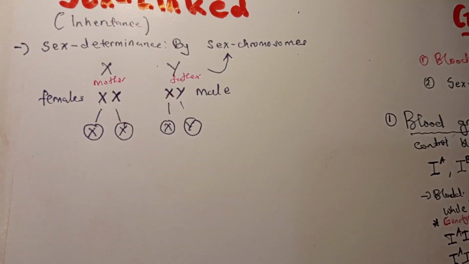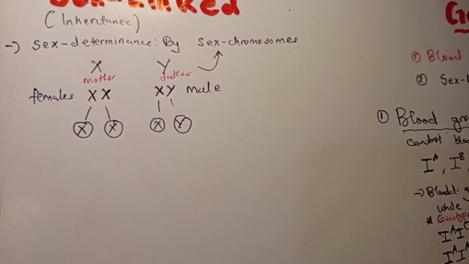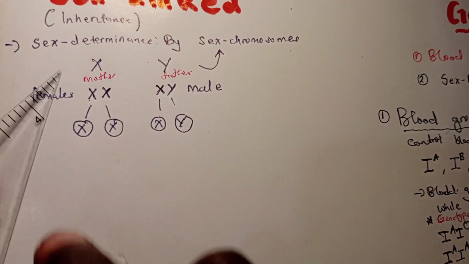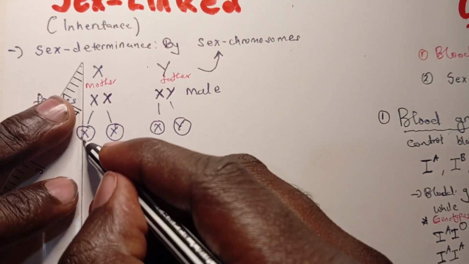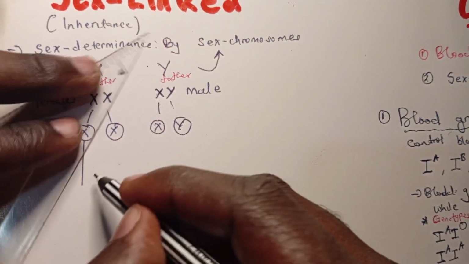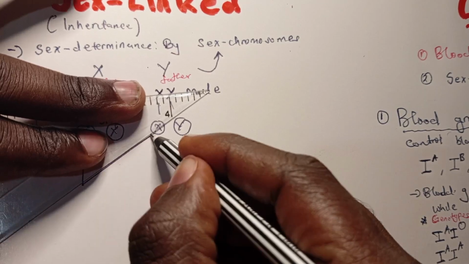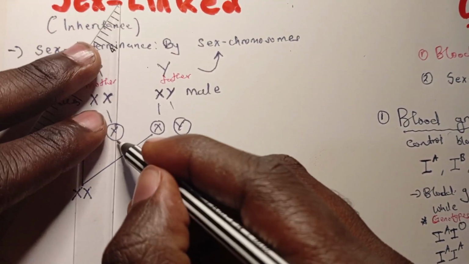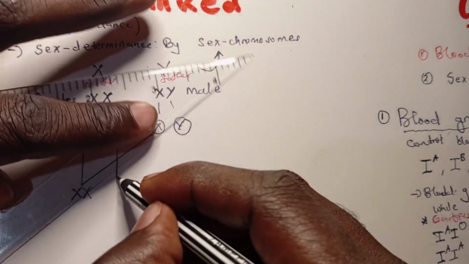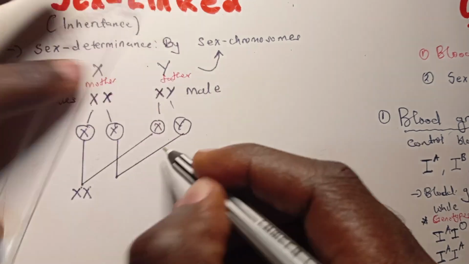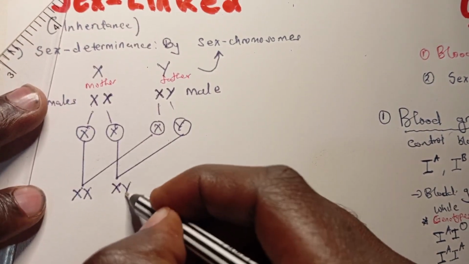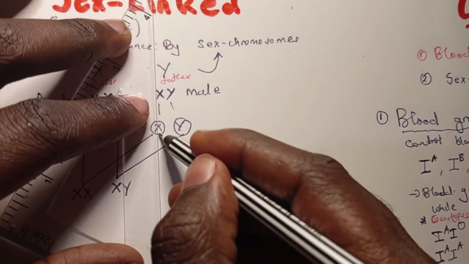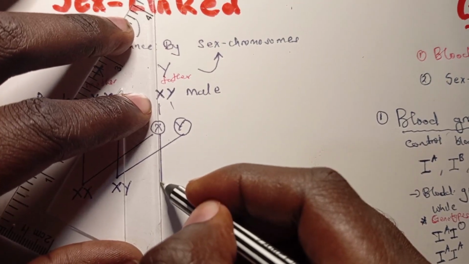When we do a cross here, just to see the possibilities, you have X and X, so that will be XX. So this is a female. This is a male.